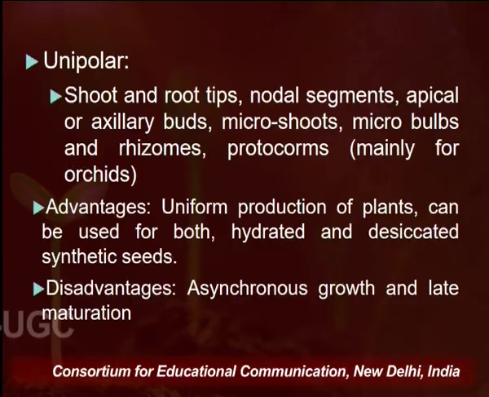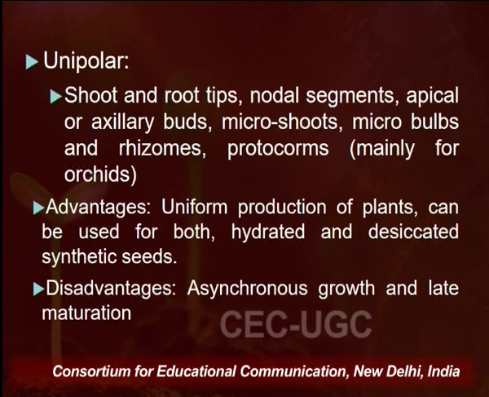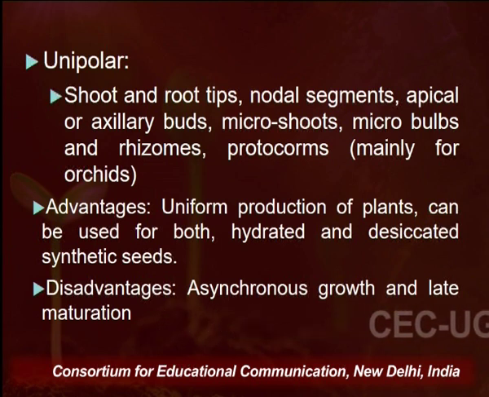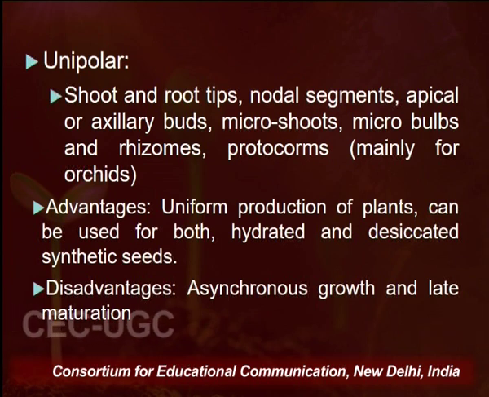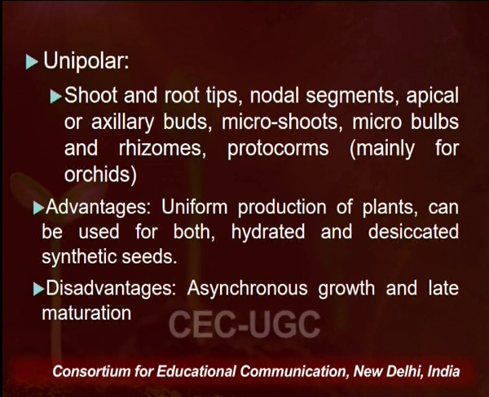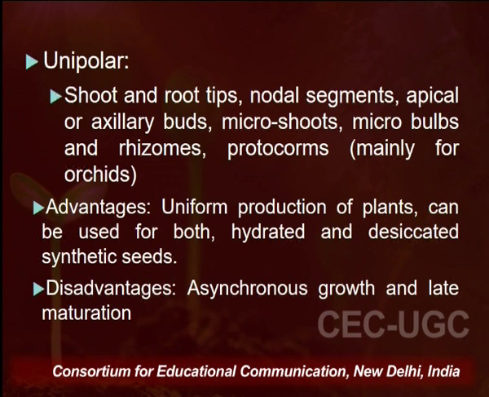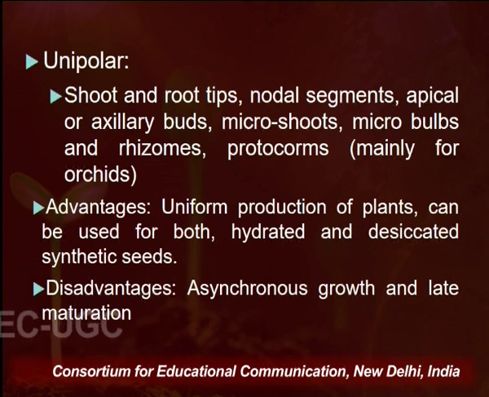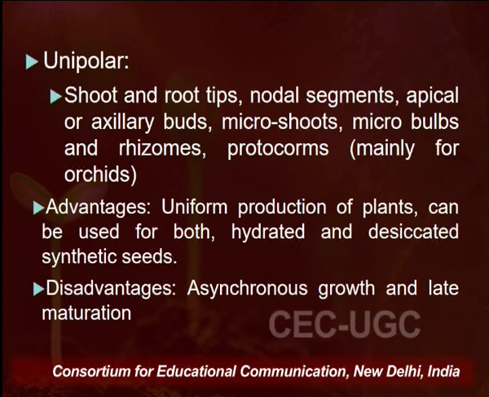If we talk about the unipolar explant material, as we discussed, you can use shoot or root tips, nodal segments, apical or axillary buds, micro shoots, and protocorms, which are mainly used for orchids. The major advantage of unipolar explant material is the uniform production of plants, and such explant materials can be used for both hydrated as well as desiccated synthetic seeds, which we are going to discuss in detail later on.